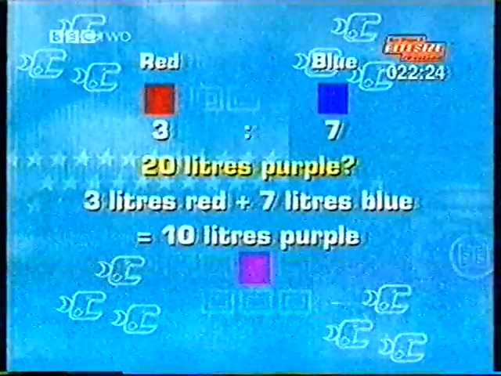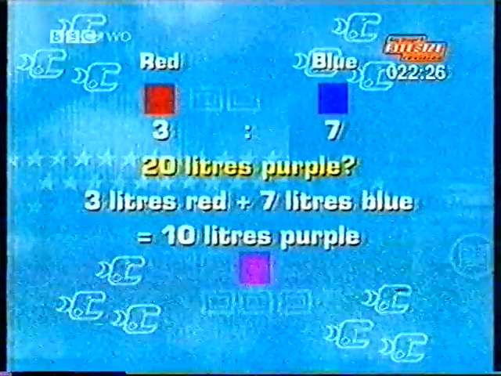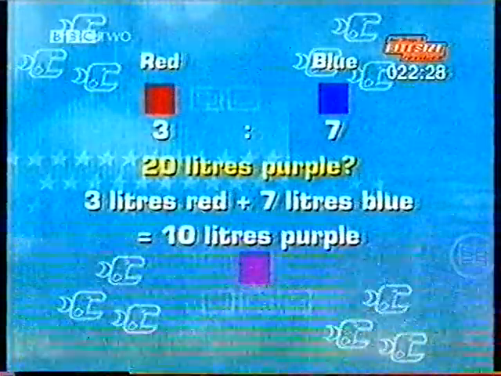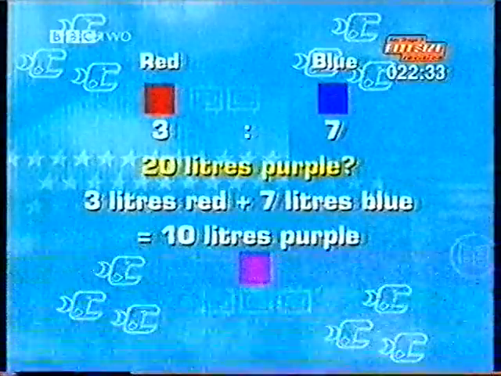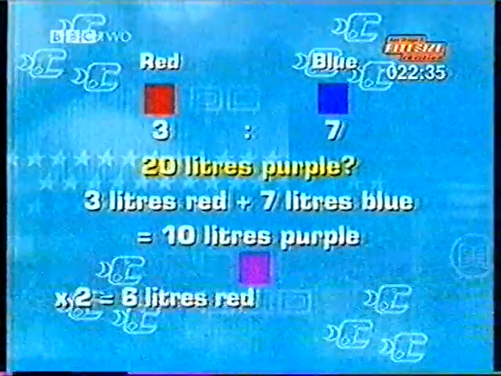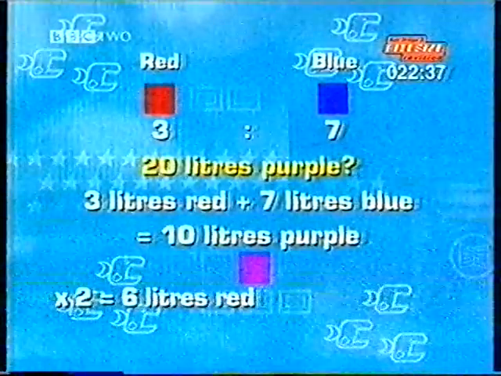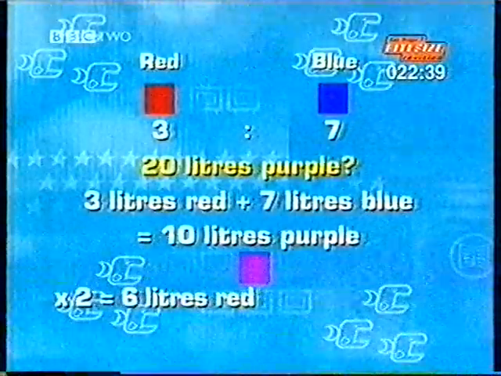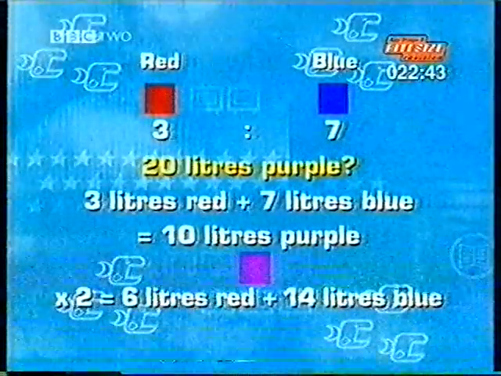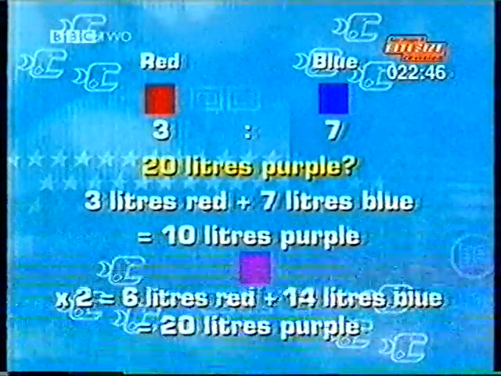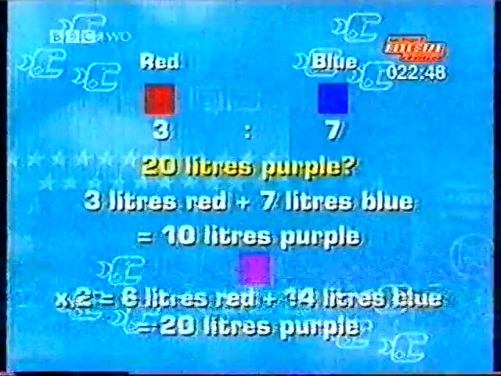But we want to make 20 litres of purple paint. That's twice the amount. So we must need twice the amount of red and twice the amount of blue. That's 3 multiplied by 2, 6 litres of red, and 7 multiplied by 2, that's 14 litres of blue, to make 20 litres of purple paint.